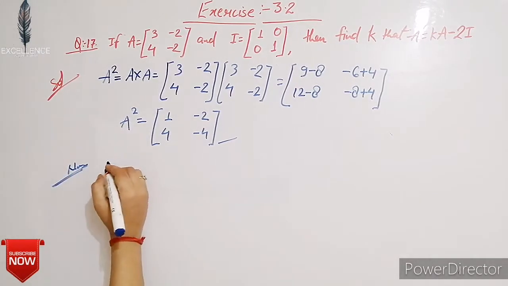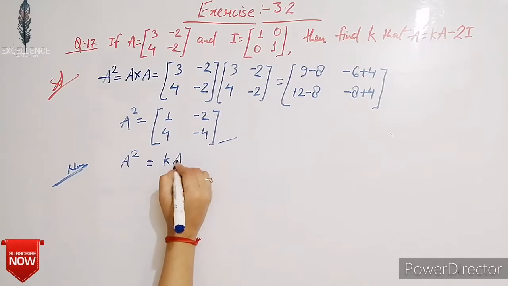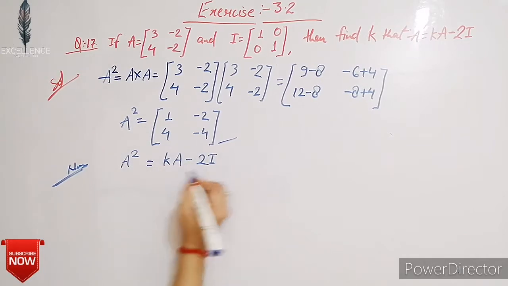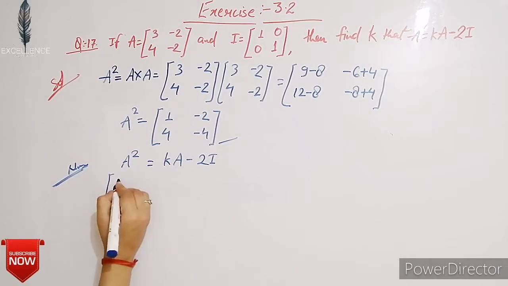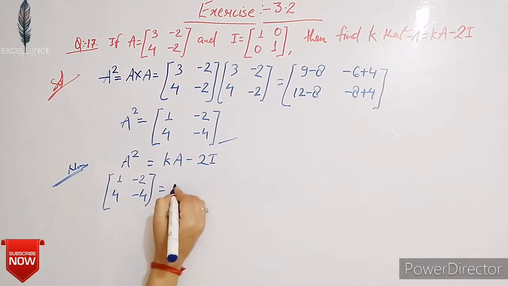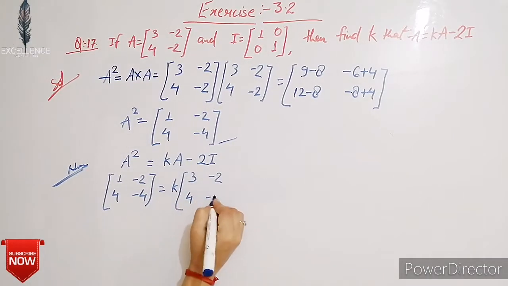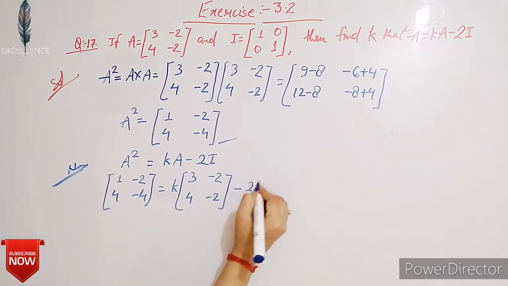Now we are given that A square equals KA minus 2I, where I is the identity matrix. Put the value of A square, then we have 1, 4, minus 2, minus 4 equals K multiplied by A. A is 3, 4, minus 2, minus 2, minus 2I.